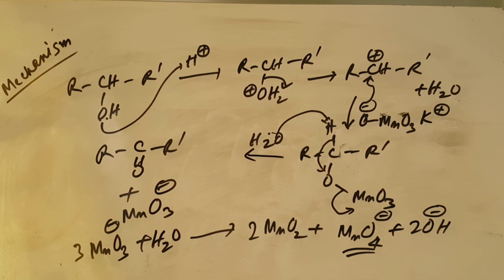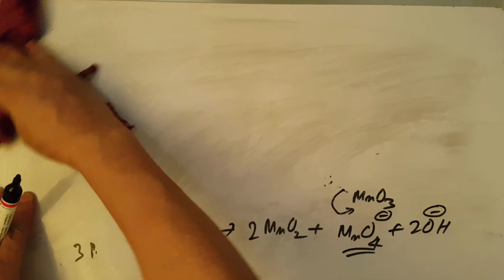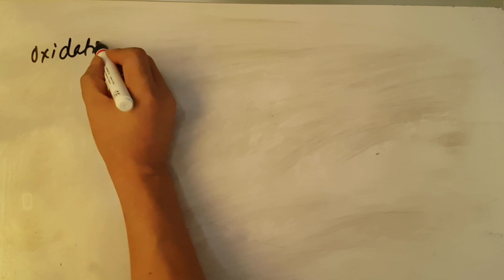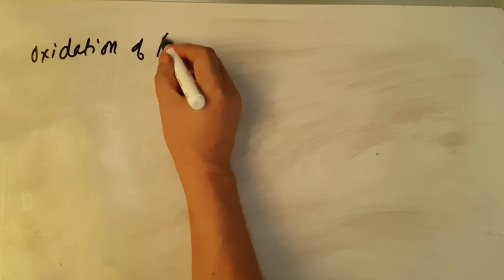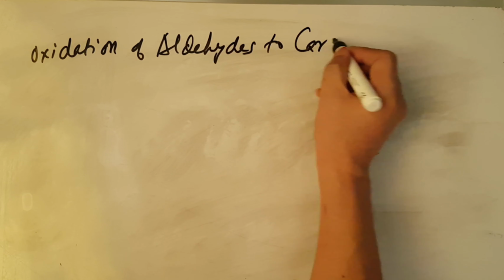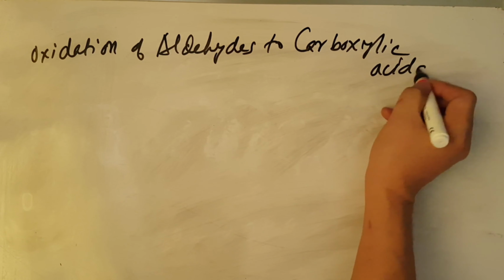Next is the oxidation of aldehydes to carboxylic acids by using KMnO4. Here there are many examples.